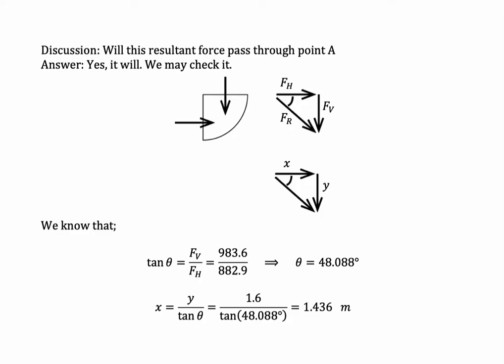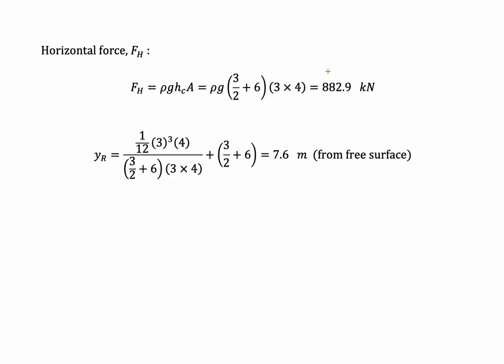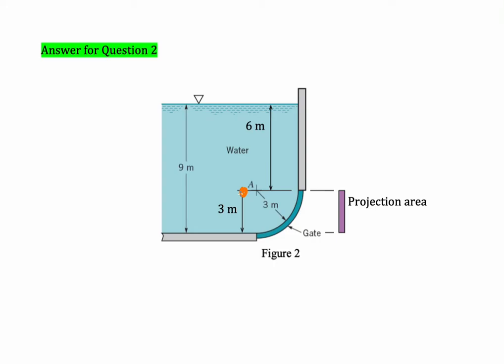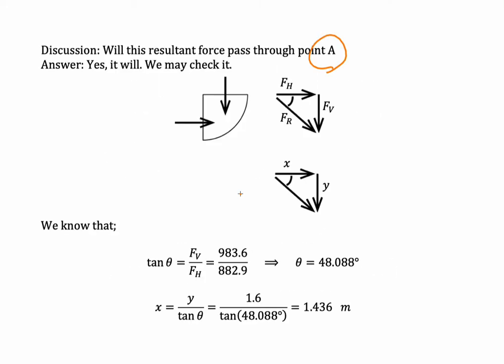Then the question: will this resultant force pass through point A? Point A here is the center point of the circle. So the answer is yes, it will. We could prove it by this calculation. Let's say we have a quarter circle like this, and this is the horizontal force and this is the vertical force, and then we could rearrange the forces like this.